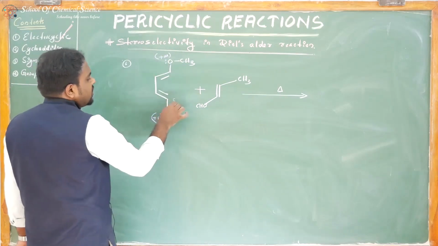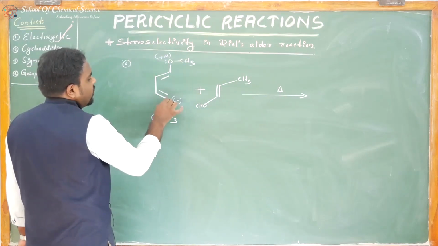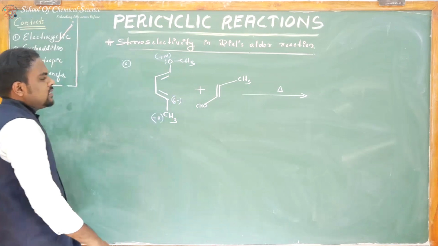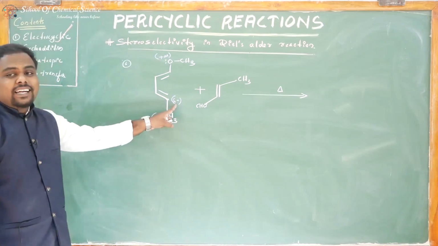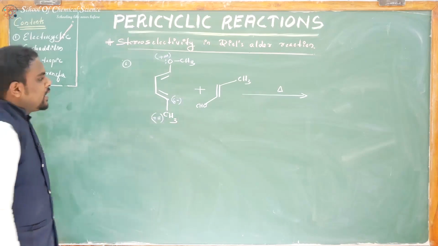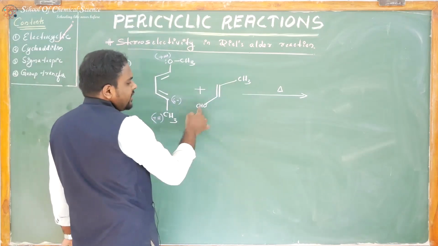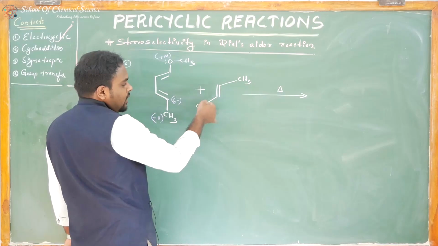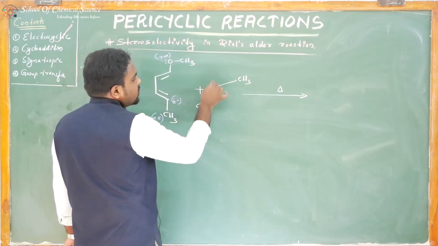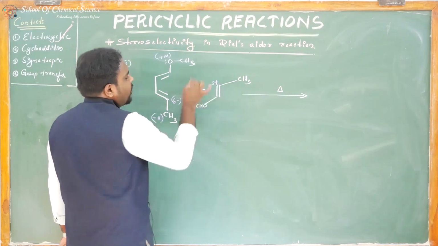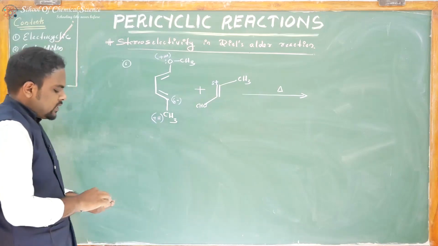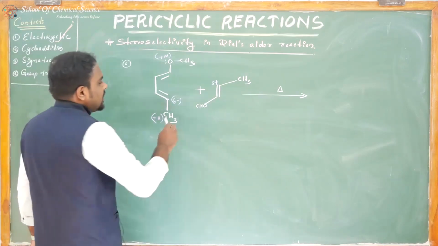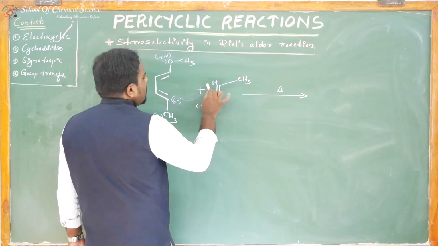Its electron density will be concentrated in the fourth carbon, so the fourth carbon has delta minus. CH3 is electron donating, CHO is electron withdrawing, so this position has positive charge. So the interaction is between these two carbons.